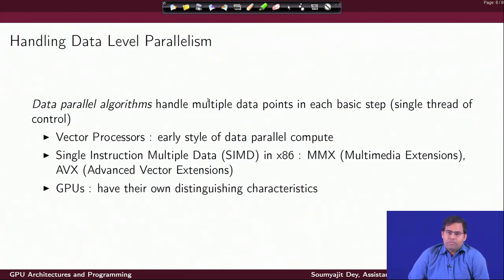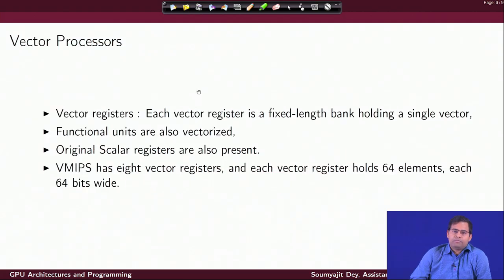So, that's something that came next. The earlier style of doing data parallel compute was vector processors, and as we know in recent times the idea of graphics processing units has caught everybody's imagination, and they represent the most modern technique of doing a lot of parallel computations in hardware together.